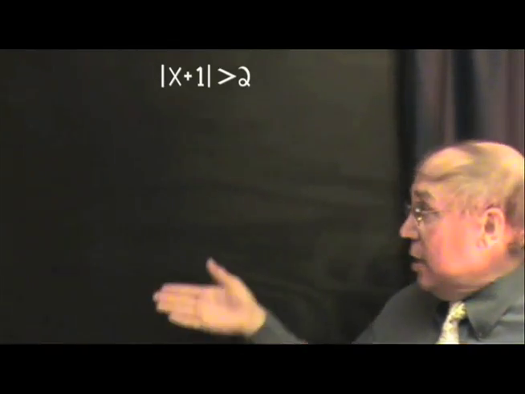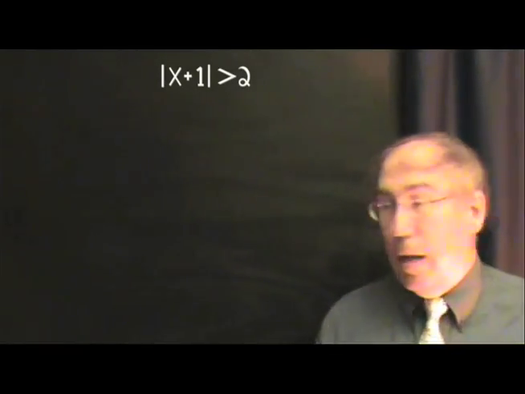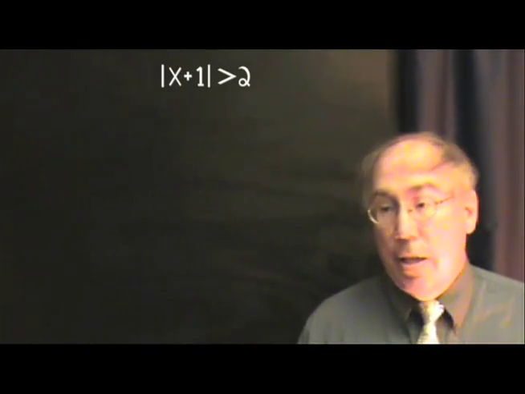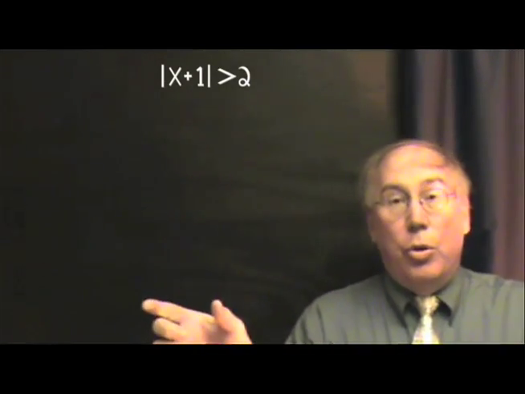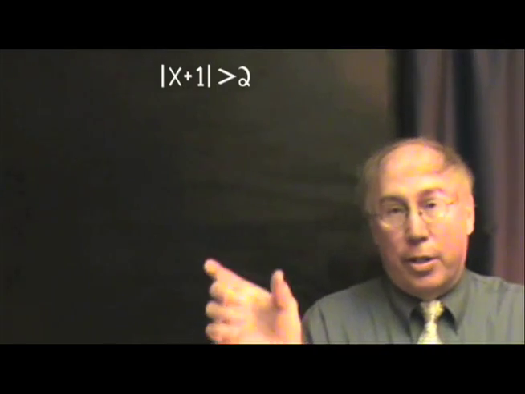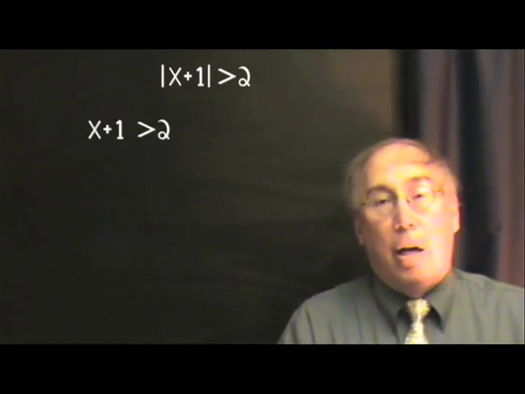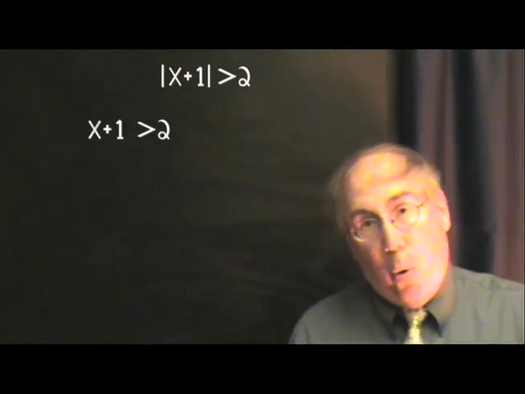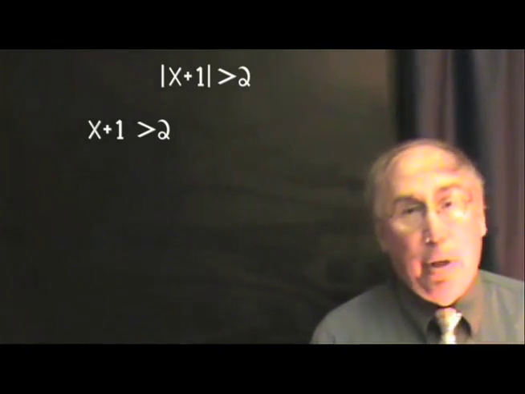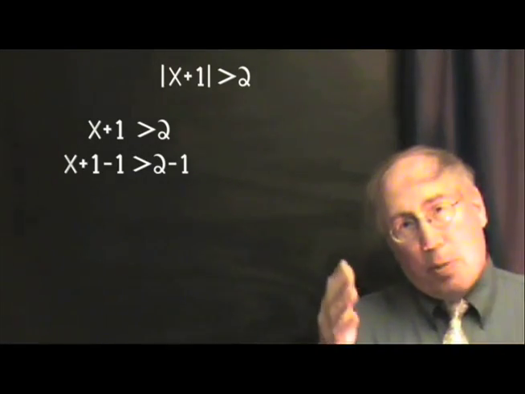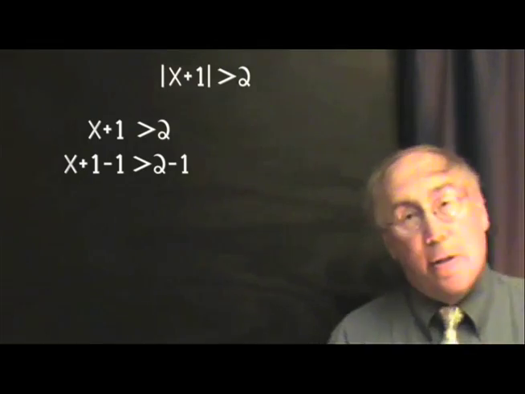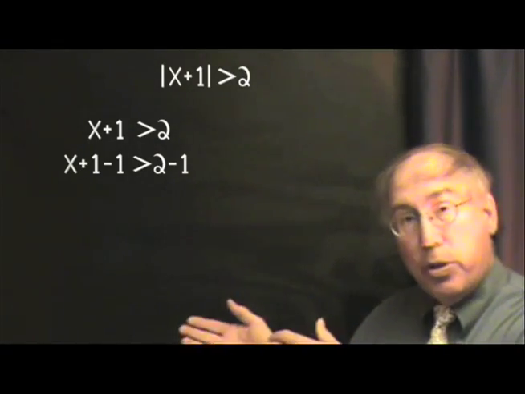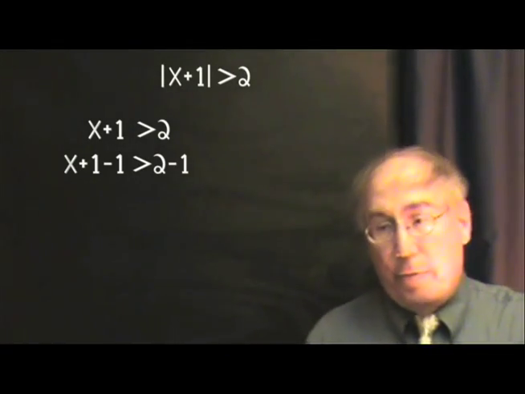Okay, so let's look at a more complicated example of this. We're going to come out with 2 inequalities that we have to work out, and our answer is going to be separated by an "or" in the end. Let's do x plus 1 is greater than 2, and then we'll have to do x plus 1 is less than negative 2.